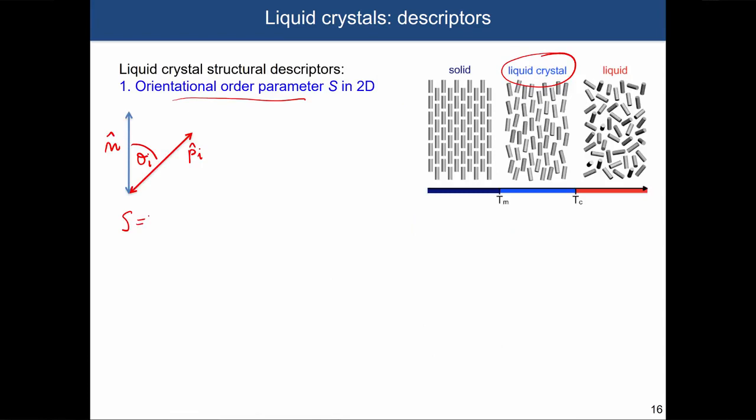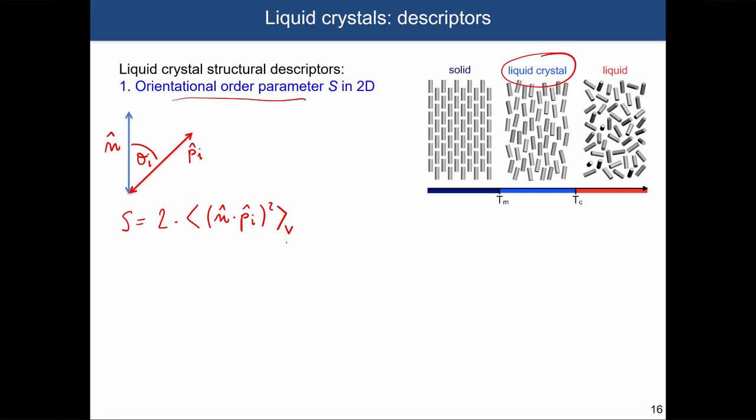First I will define it, and then we will see that it has very specific characteristics that are very useful to describe this. The definition of the orientational parameter S is 2 times the average over the volume of (n times pi) squared, minus 1. The brackets indicate that I'm averaging over the volume.